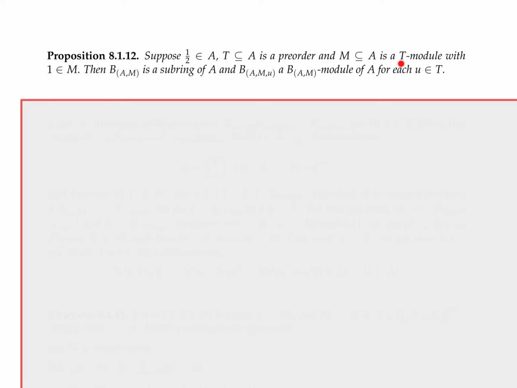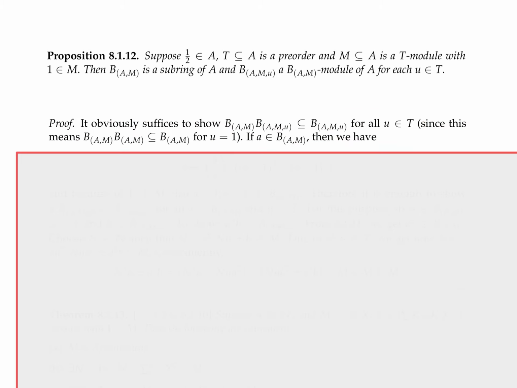But here, it can be a T-module, and then B_A(M), the set of elements that are arithmetically bounded with respect to M, by 1 if you want to say this, you can omit this, is a subring of A, and B_A(M, u) for each u in T is a B_A(M)-module of A. Okay, so this actually seems quite surprising.